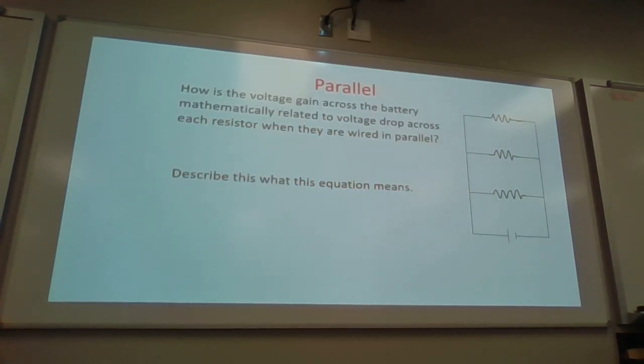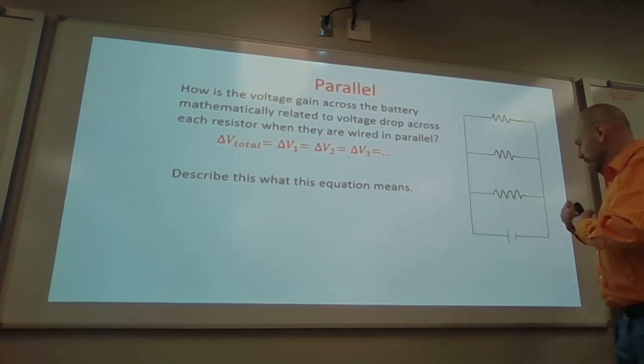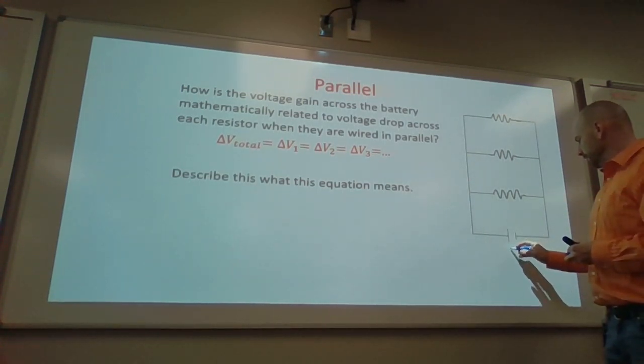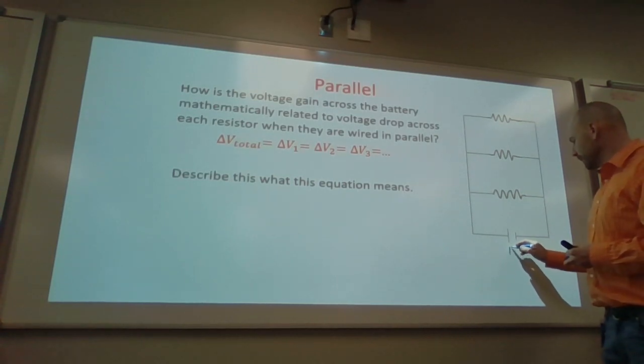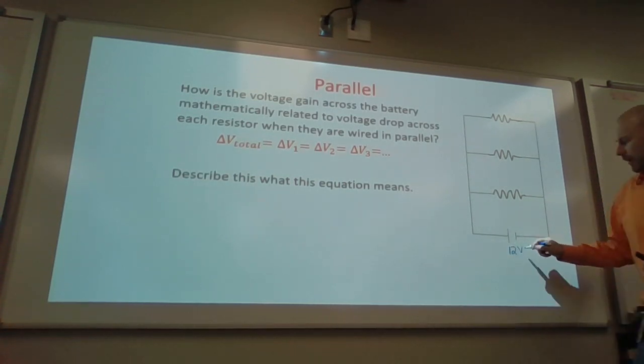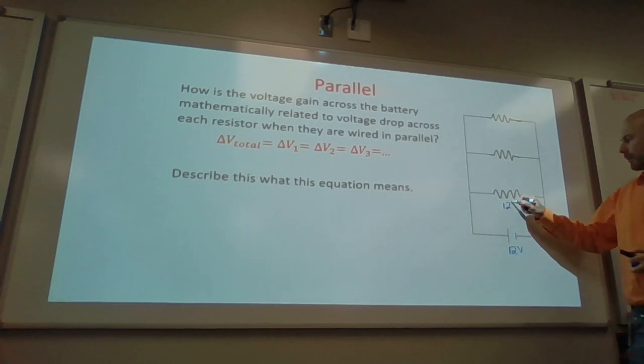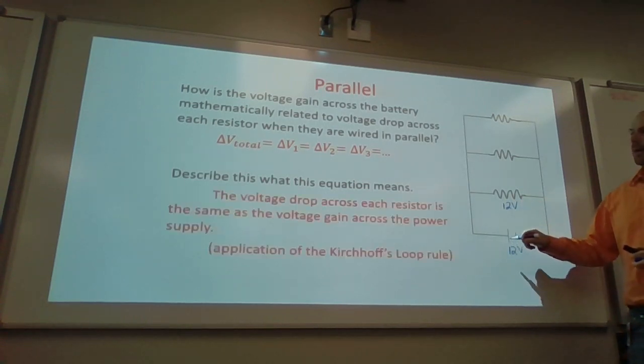How does the voltage gain across the battery mathematically compare to the voltage drop across the resistors? They're equal. So if this was, let's say, 12 volts here, that means there'd be a 12-volt drop across this.